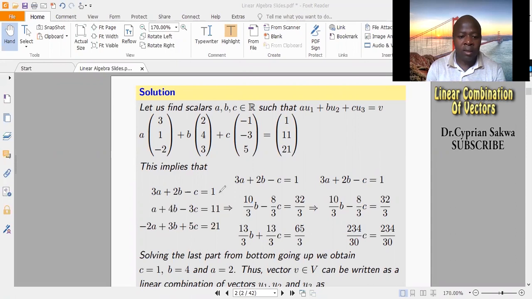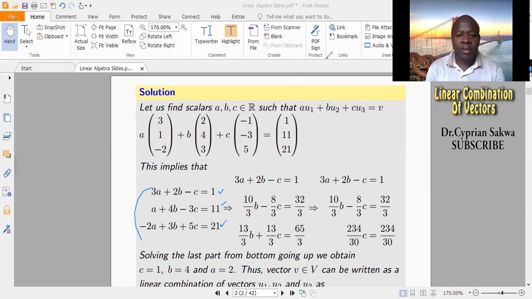That's what I have here. Then this will be A plus 4B minus 3C equals 11. That's what I have here. And then this will be negative 2A plus 3B plus 5C equals 21. That's what I have.